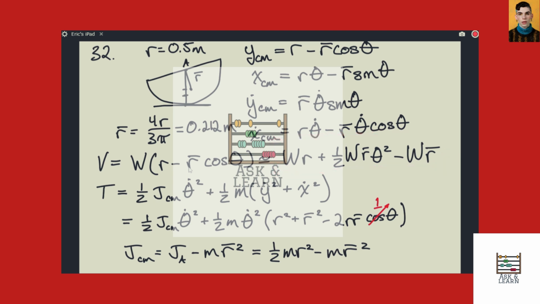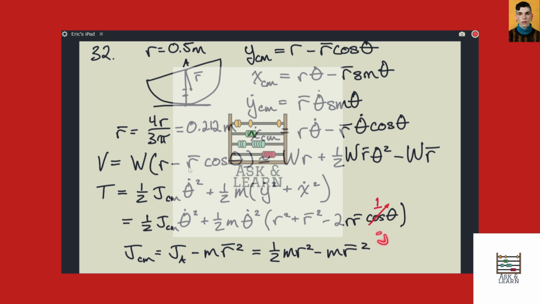For our kinetic energy, we have to take the kinetic energy of the rotation about the center of mass, and then the translational kinetic energy. This is the rotational, this is the translational kinetic energy. We can figure out the mass moment of inertia about the center of mass using the parallel axis theorem, kind of in reverse.